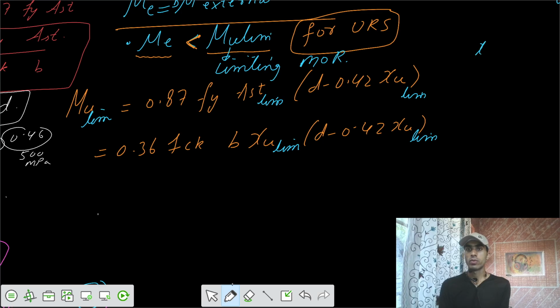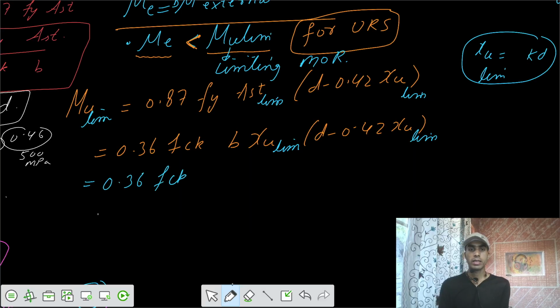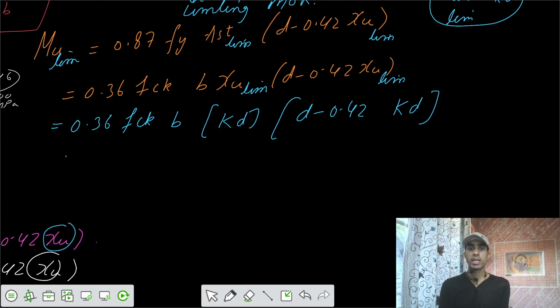We already know the value of XU limiting is equal to K times D. If we substitute that value here, I would say 0.36 FCK B and K times D, and we have D minus 0.42 K times D. Can we say we have the equation in terms of KD?